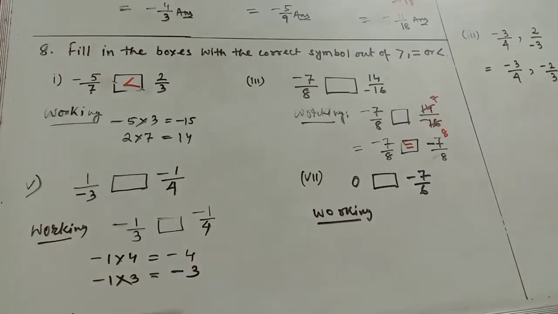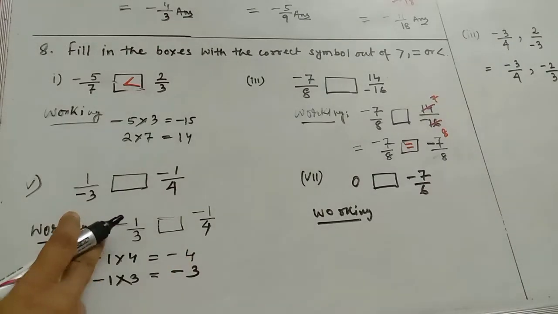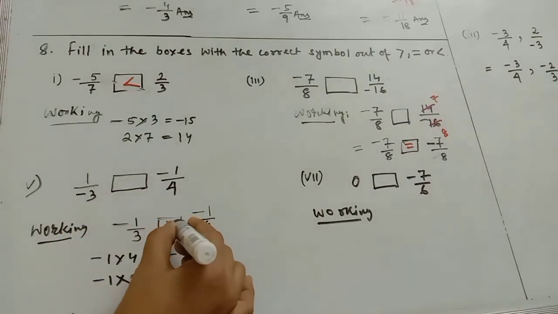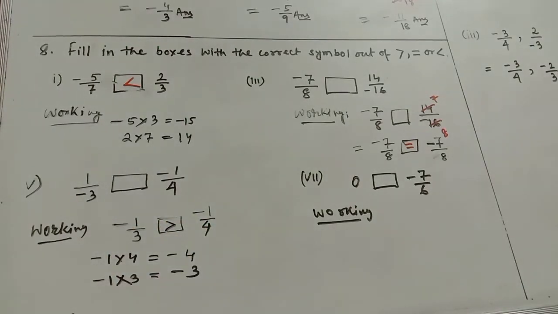In case of negative numbers, where the digit is larger, the number is actually smaller, because it is more negative, more left side. Minus 4 is left side than minus 3. So minus 4 is smaller.